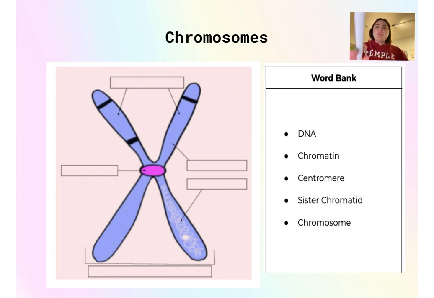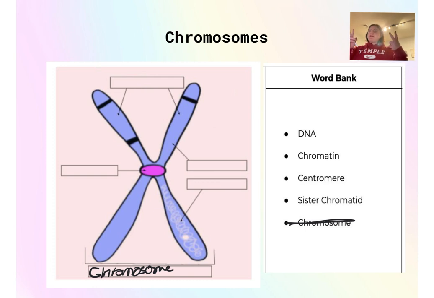Okay, so we are going to start with the actual chromosome. This whole thing down here is going to be a chromosome. Then we're going to talk about sister chromatids.